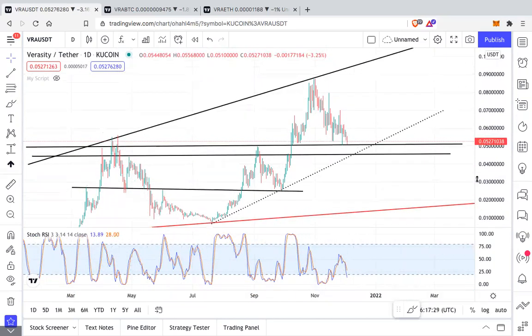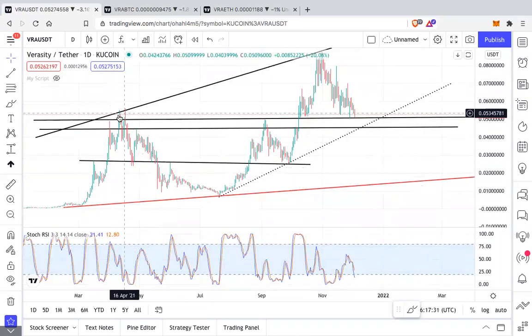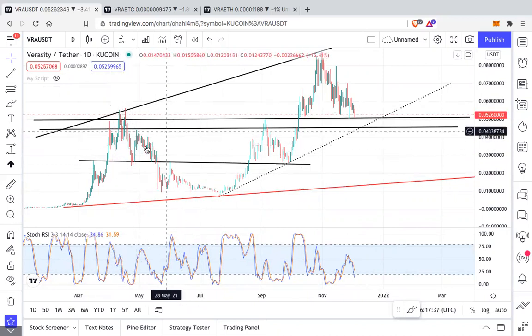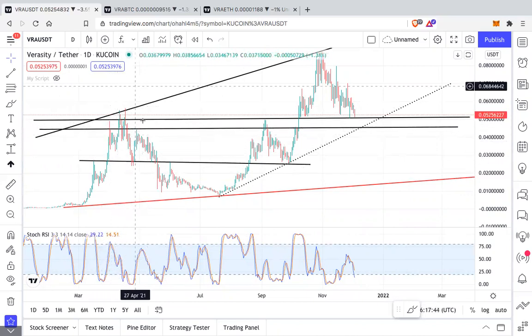You could see that the moment we came over here near this price, it was kind of a blow-off top. We immediately came down. So there was not much time spent at this price range. It was similar to a blow-off top even over here.